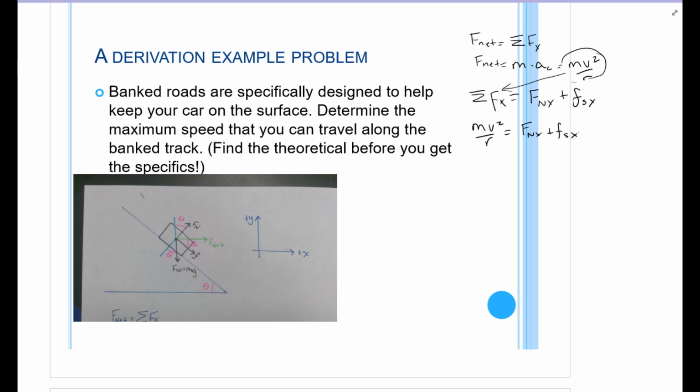When I break my normal force into its x and y components, right now I'm only interested in the x components. We are going to use sine because it is opposite from the angle that I've labeled here. So my mv squared over r is equal to my normal force times the sine of theta. And my static friction, as you know, in the x direction is going to be my static friction times cosine, because that's my adjacent side in this particular case.